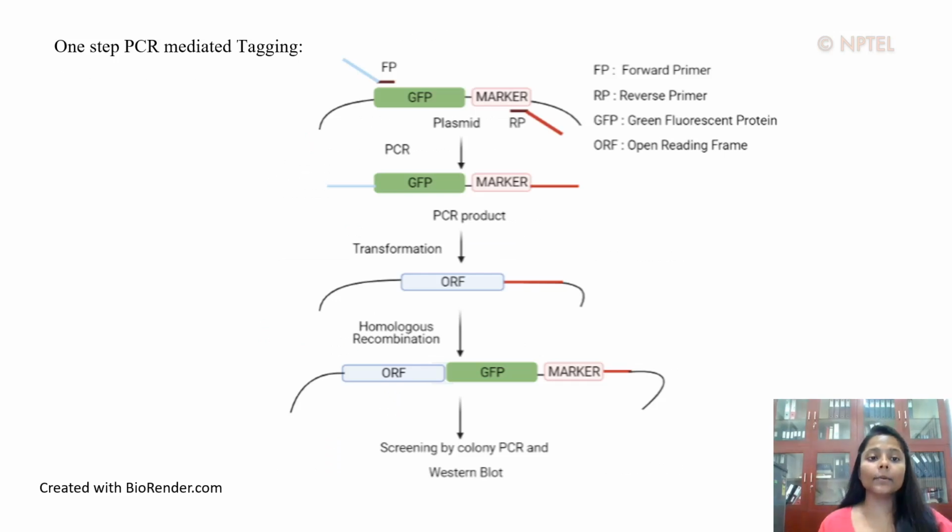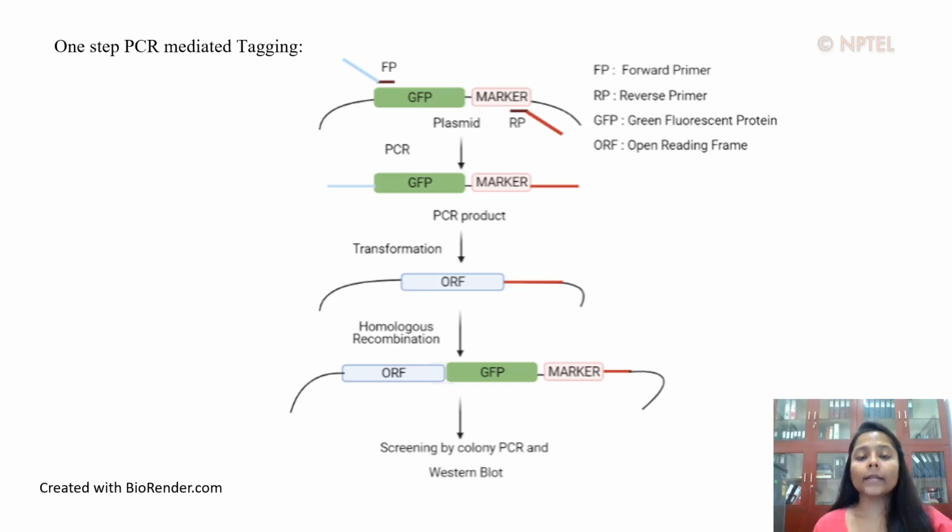So next up is one-step PCR mediated tagging. Why is tagging of a protein important? If we can tag our protein of interest with a fluorescent tag, then we can visualize it under the microscope and get an idea about the subcellular localization of our protein of interest, which in turn will also give us an idea about the function of the protein.